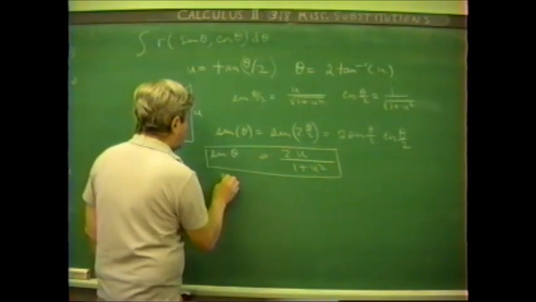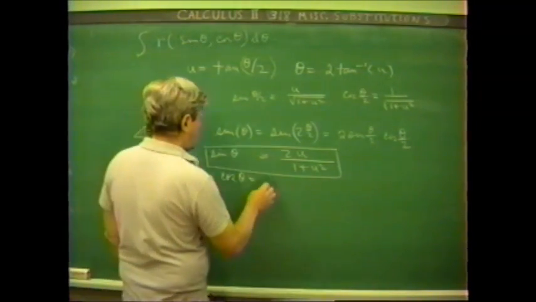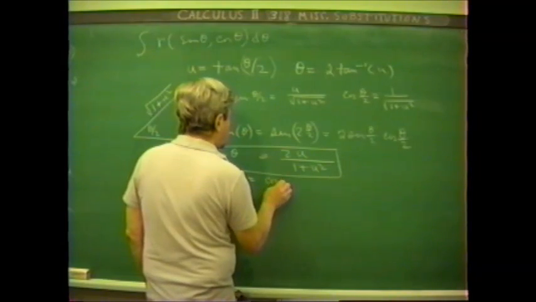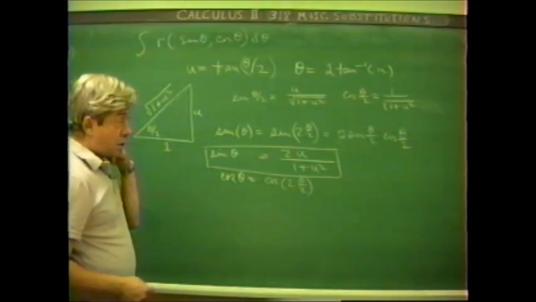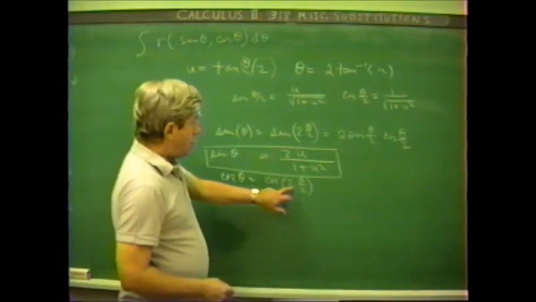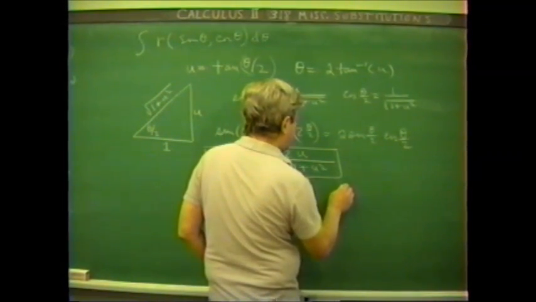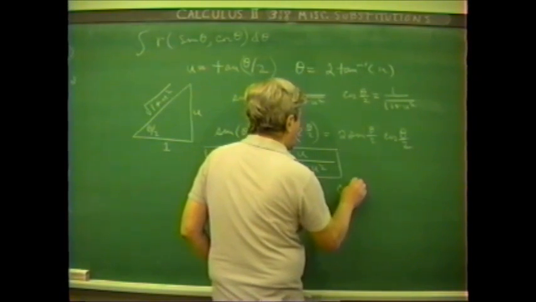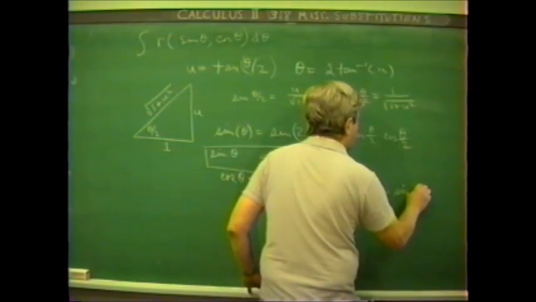Cosine theta is equal to cosine of 2 times theta over 2. Cosine of 2 times an angle is cosine squared of the angle minus sine squared of the angle.